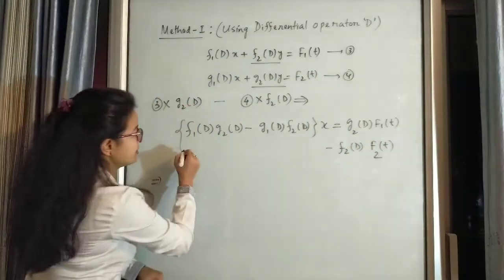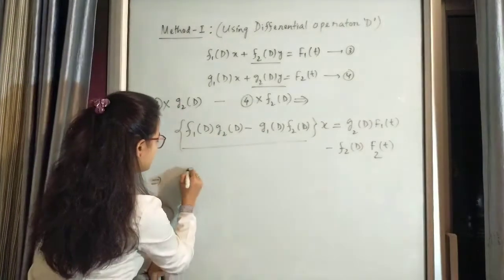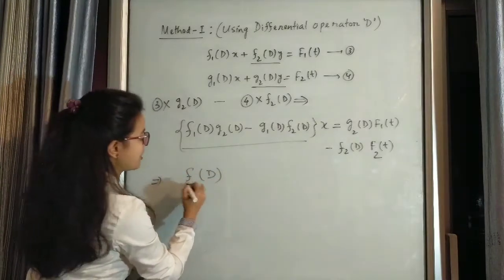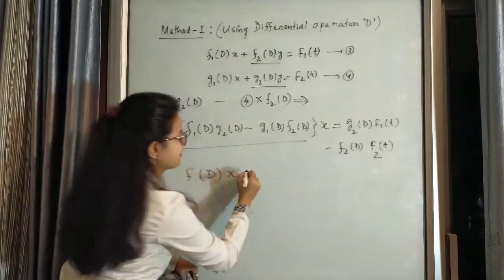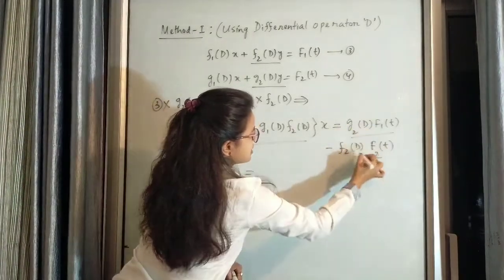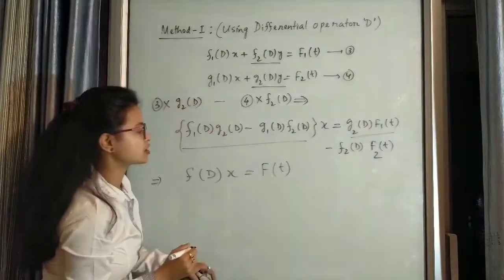Then this is a function of the operator D, so simply we can write in this form f(D)x, and the right hand side, after operating over these functions of t, we will get simply a function of t.